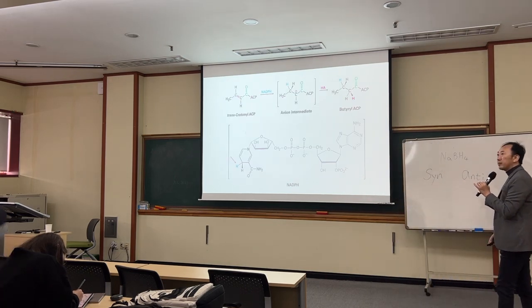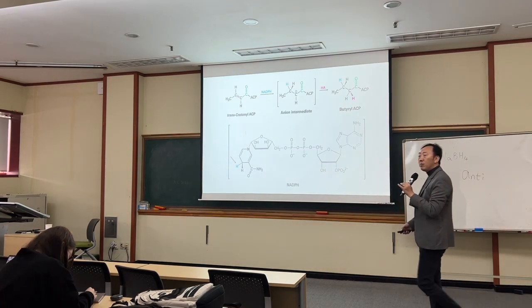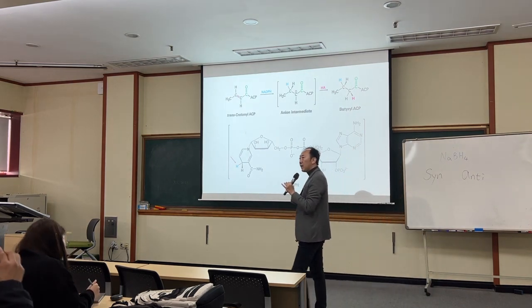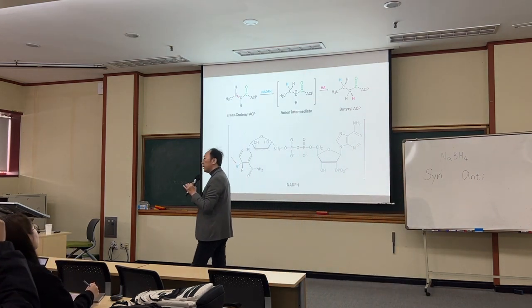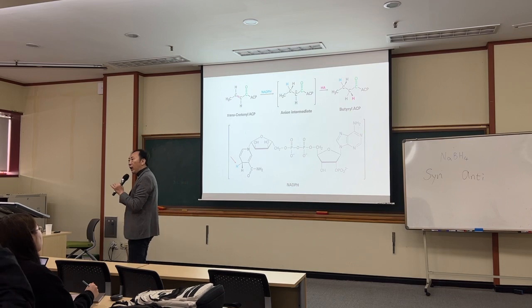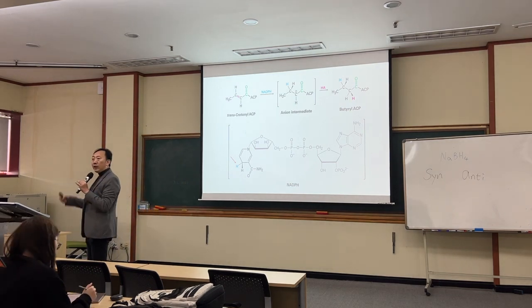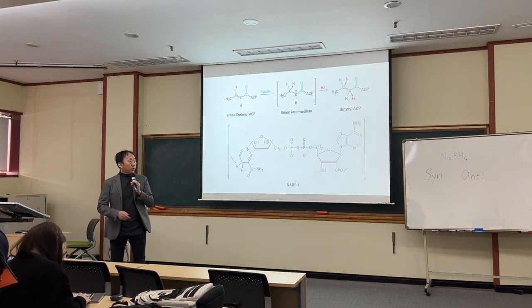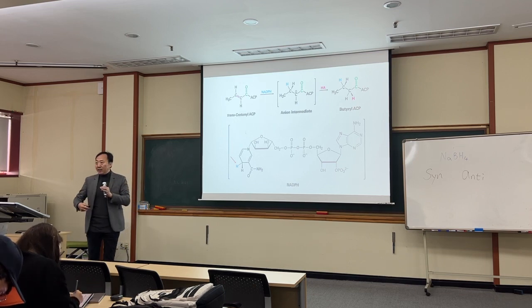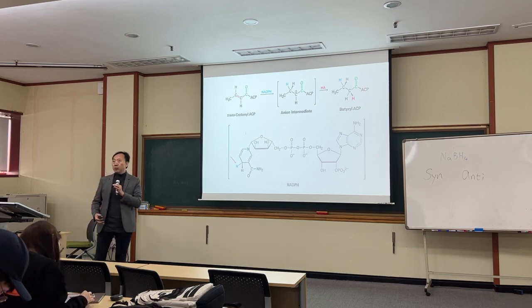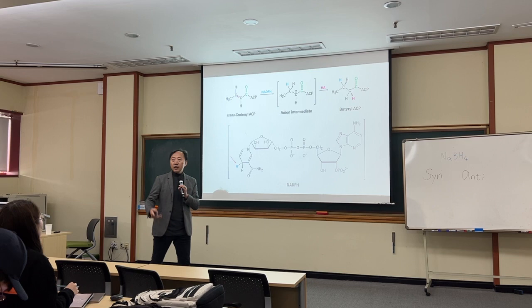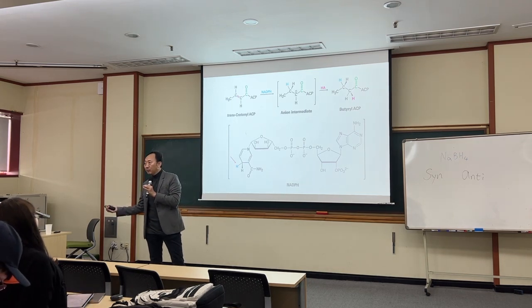Now in nature, we don't have platinum, palladium kind of metal catalyst. We have a reducing reagent, so-called NADH or NADPH. NADH is the reduced form, with higher energy. If you learn biochemistry, one NADH can generate how many ATP?